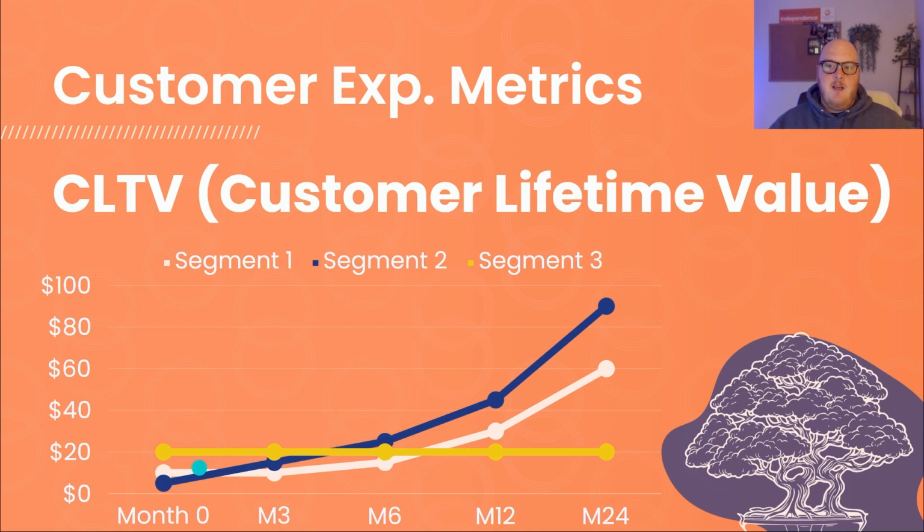So then just two key areas there to look at. Maybe you can make this segment number three. Maybe they're doing something different than segment number two, or maybe they saw something different. Maybe they're buying something different, and maybe you can try to figure out what you can do to make segment three look more like segment two, but still start off at that $20 rate.